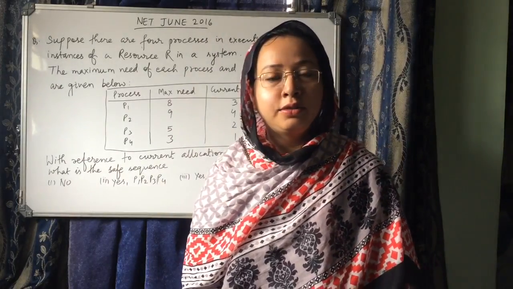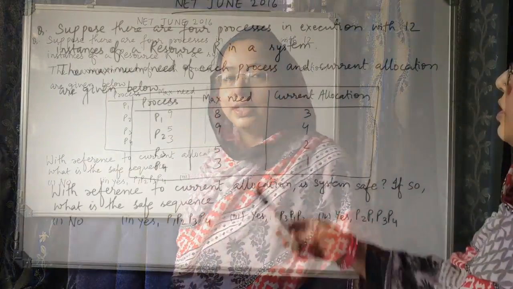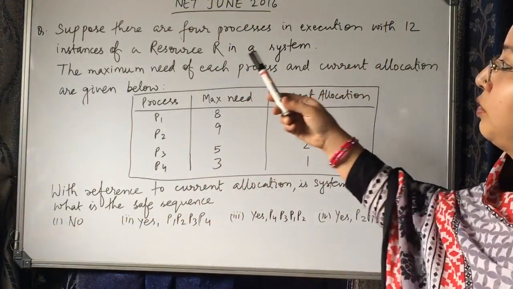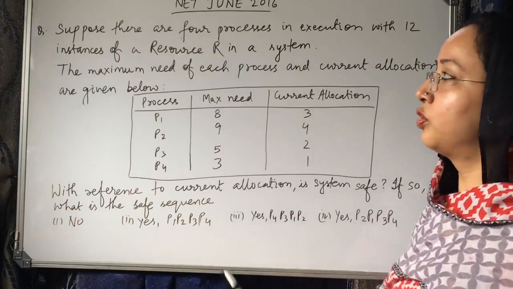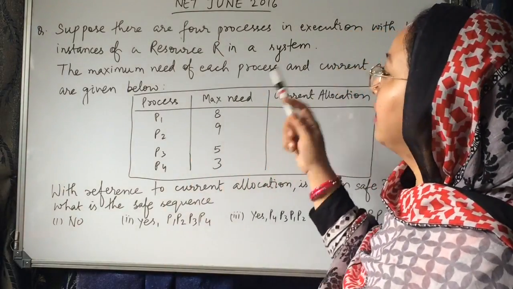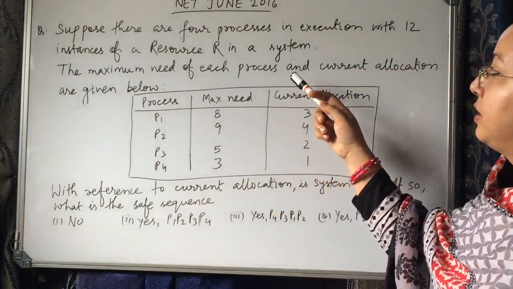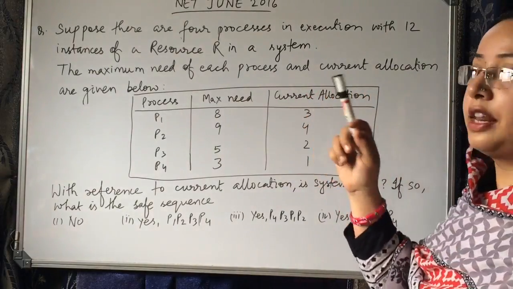Let's suppose there are 4 processes in execution with 12 instances of a resource R in a system. The maximum need of each process and current allocation are given below.